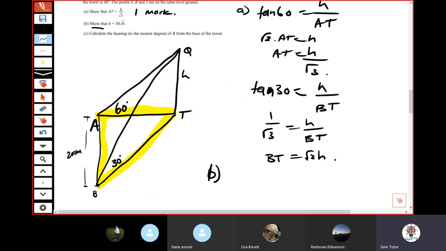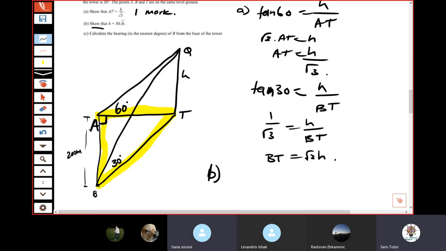Anyone know one of the angles in TAB? A would be 90. Yes, and where is it 90? On A, so BAT. Why is that 90 degrees? Because this is west and this is south. So west and south are specifically going to be 90 degrees there. Does that make sense, Tiana?